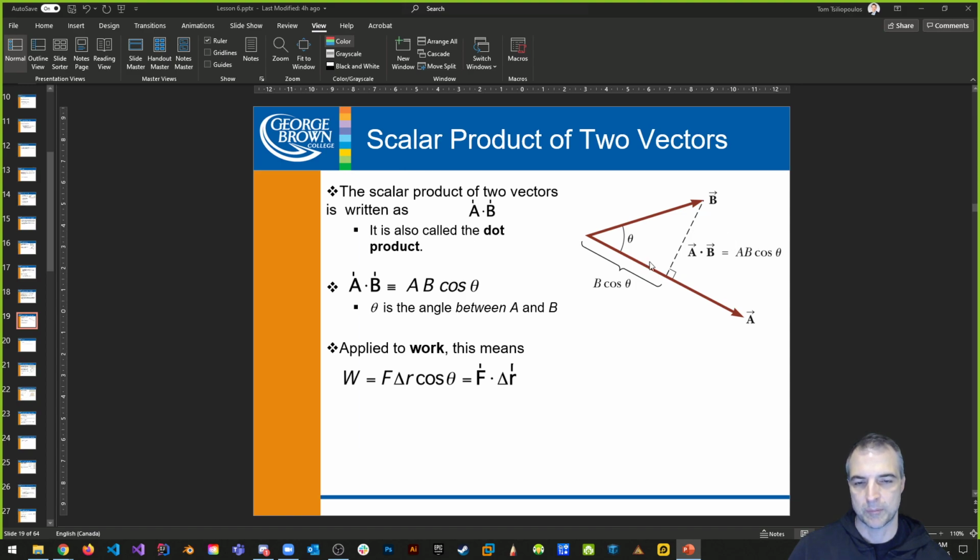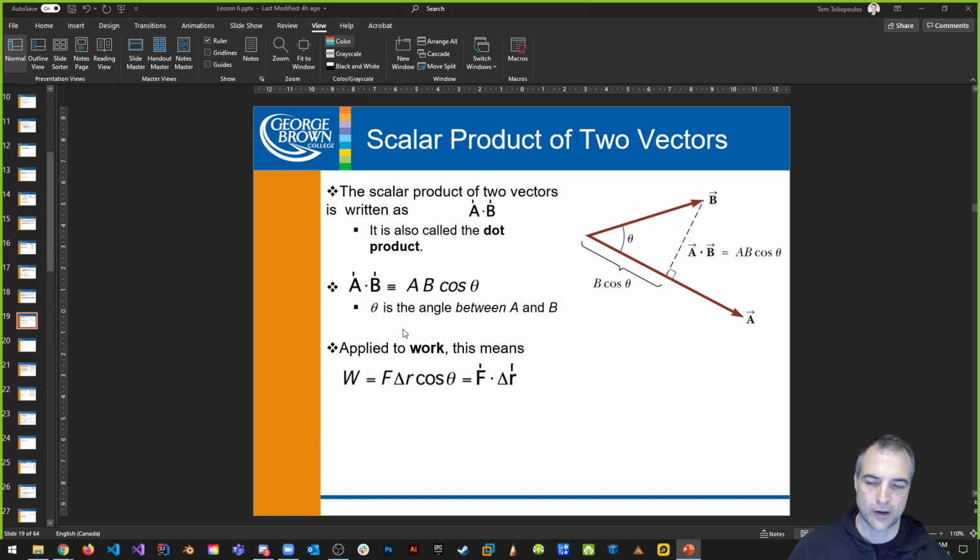So that means we don't care about the y-axis whatsoever. We take that B vector and project it onto A, and we get the component B cos theta. We don't care about the y-axis in this case.